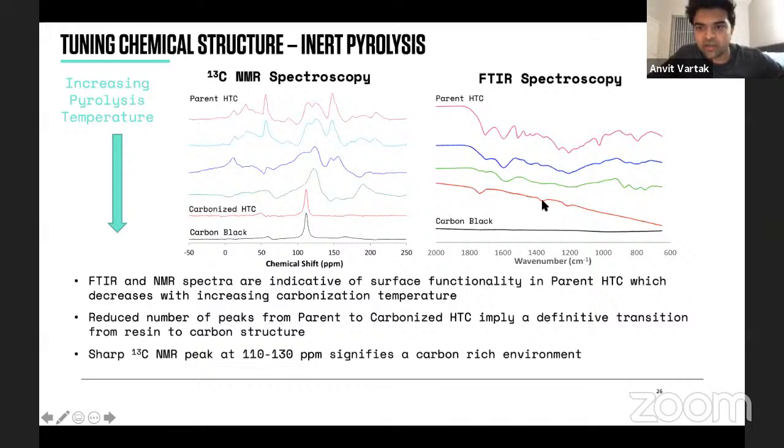And even in FTIR, you have a very little bump here, wherein carbon black is a flat line, which shows that you don't have any functional groups present in carbon black. So that's your goal. You're reaching there by doing that cycle continuously of finding processing, unit operations, characterization, see how it works, come back, repeat that process, understand the structure property relationships.